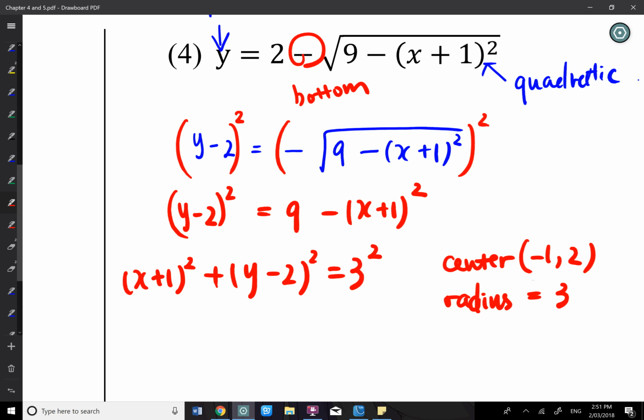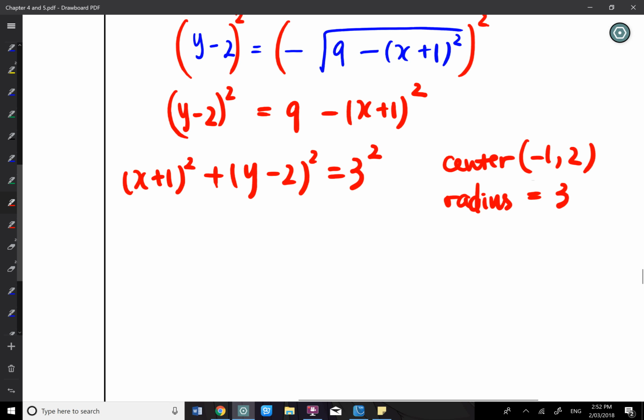I have quick ways to look at it, but I think this will confuse you, so better not to teach you that method. Just rearrange it into the standard form, like the center radius form, and then you can see the center and you can see the radius. And therefore, because of the negative sign, we know this is a bottom semicircle.